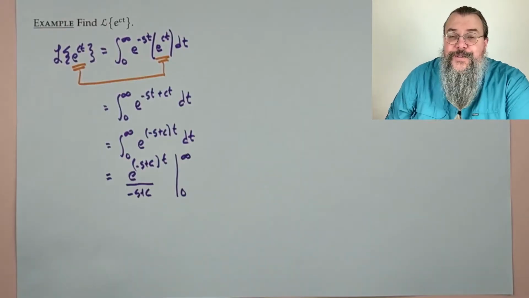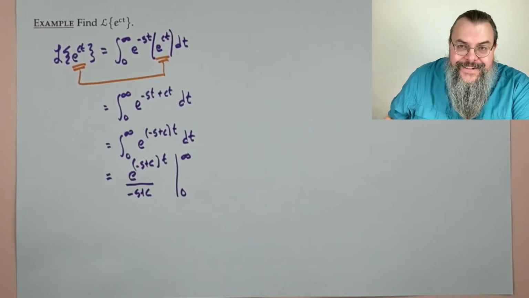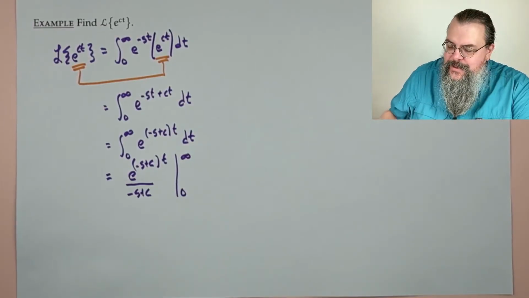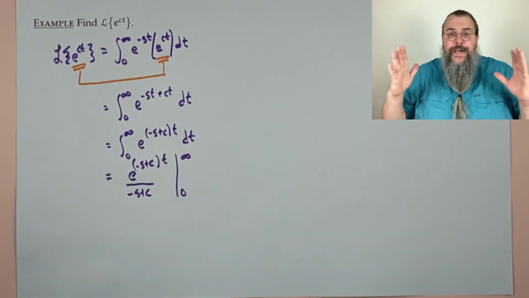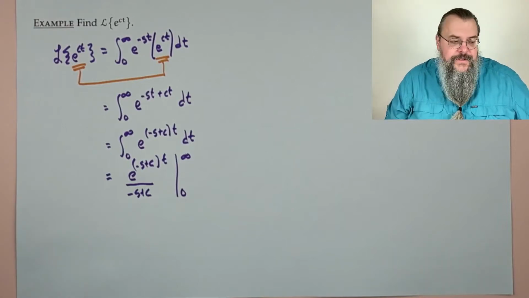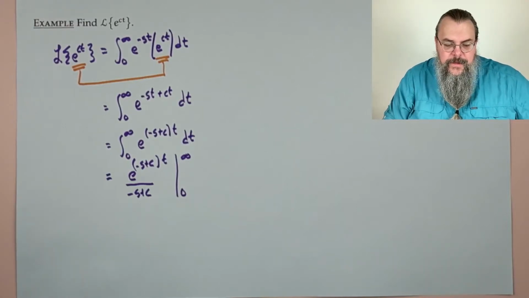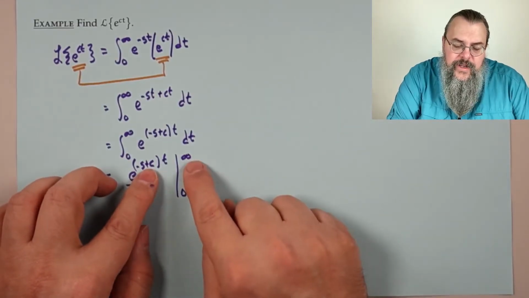Okay, so we're almost done, except there's a small issue, and I want to talk about this because I want to make sure we have this in our mindset going forward. Our small issue is the following. If we look at this exponent, we're plugging in t as infinity.